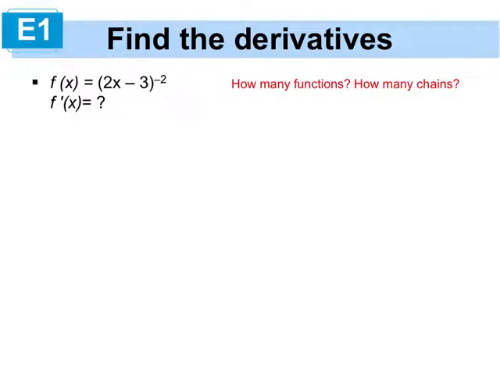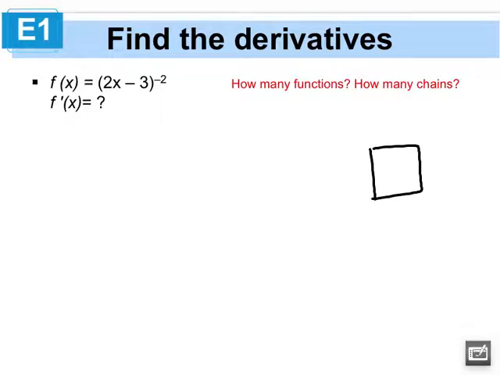One. Okay, good. Now, to take the derivative of that, think about this as being an onion, and you're going to work your way from the outside of the onion inward. So what function is on the outside? The 2x minus 3 or the negative 2? Negative 2. So we're going to do that first. Some people get tripped up by the 2x minus 3, but think of it this way. What's the derivative of this box raised to the negative 2 power?